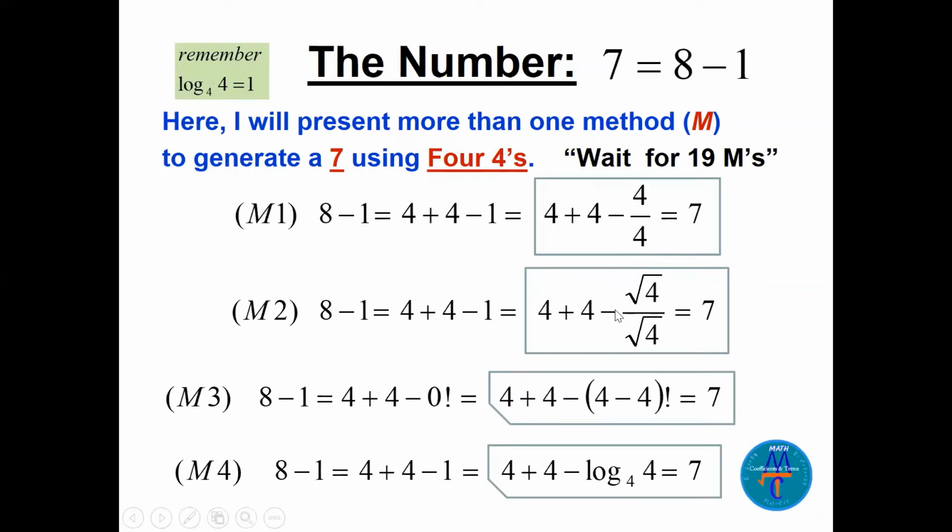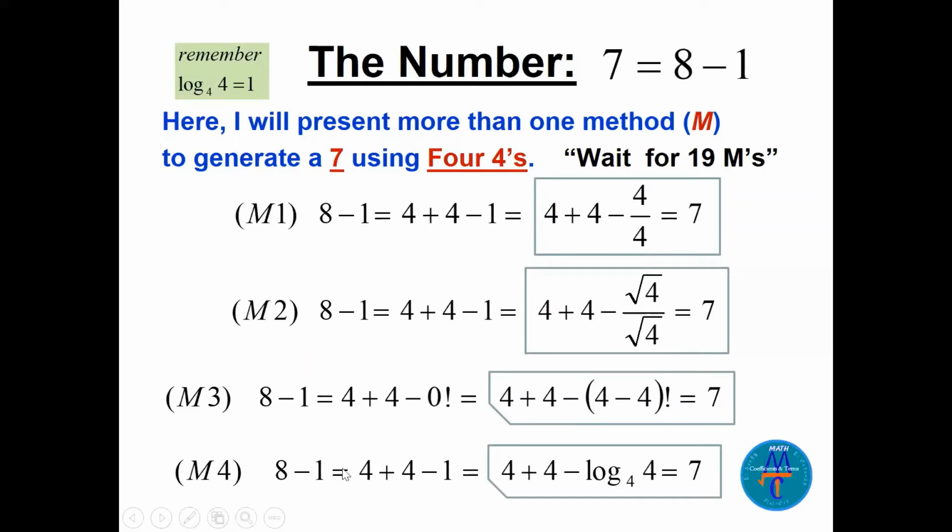This is another method using 4 fours. Now this one here, see the 1? I can write it as 0 factorial. I know 0 factorial is 1. So instead of the 0, I put 4 minus 4. That's 0 factorial. So 4 plus 4 minus bracket 4 minus 4 factorial.